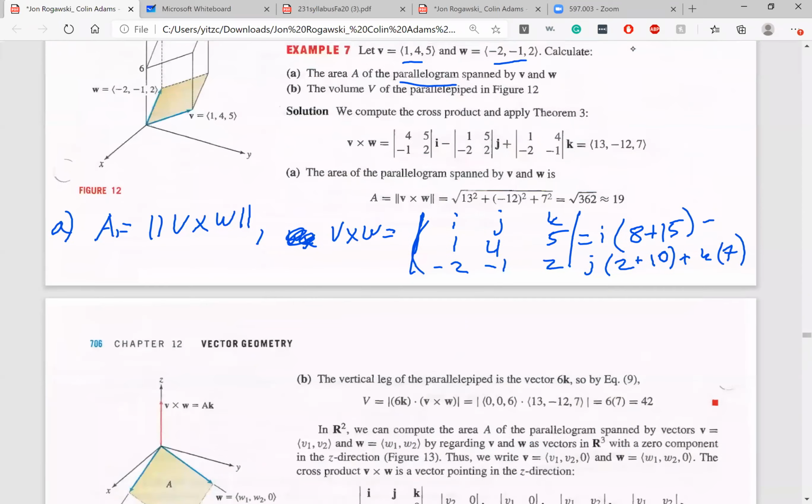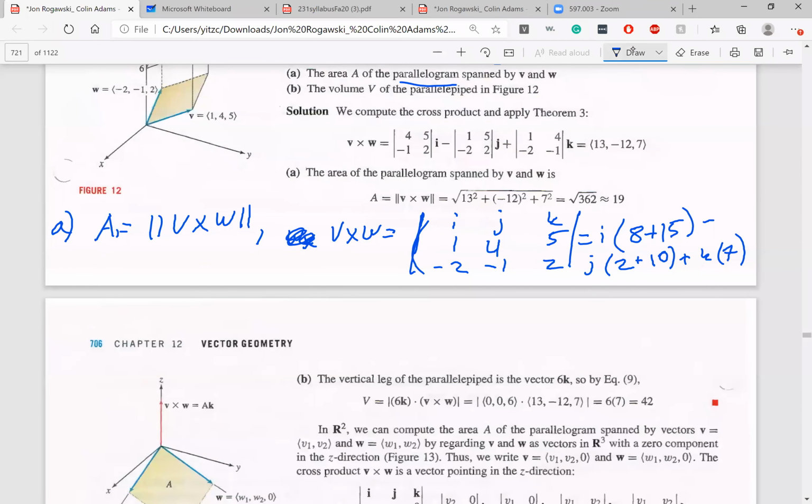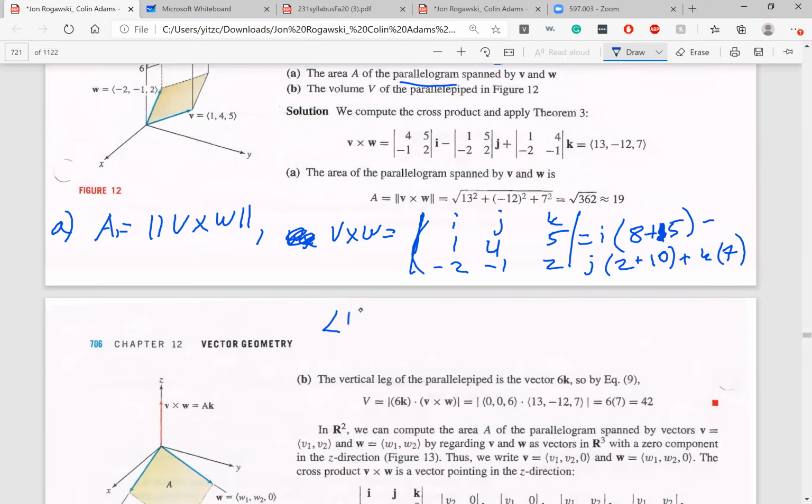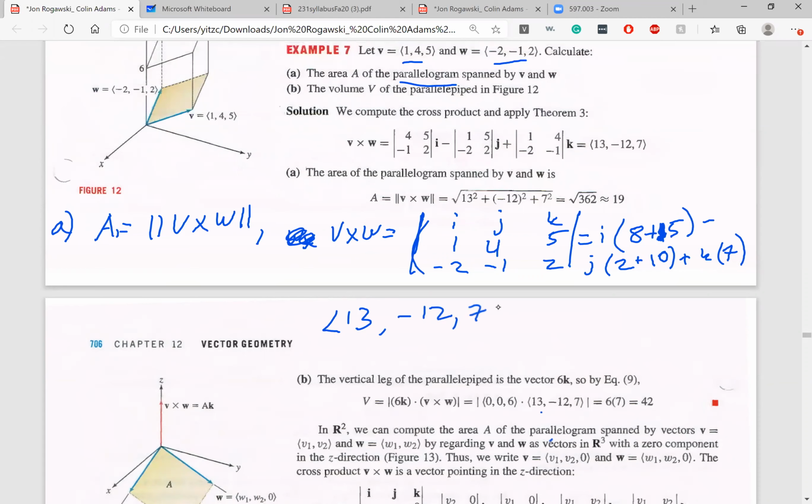Now the next part. Sorry, this is 5. So now we have the vector (13, -12, 7).